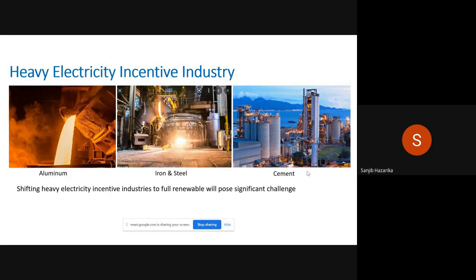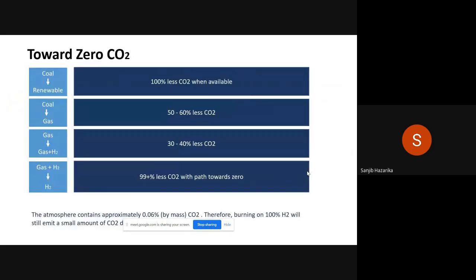Even a 1-hour electricity outage may create huge losses for this kind of company. So running this kind of industry on renewables will be a huge challenge, and a way needs to be found to do it. So there is another way towards zero carbon dioxide, maybe without relying 100% on renewables.